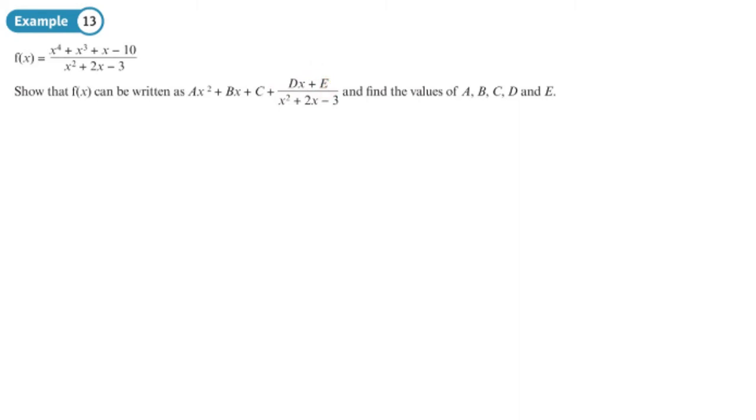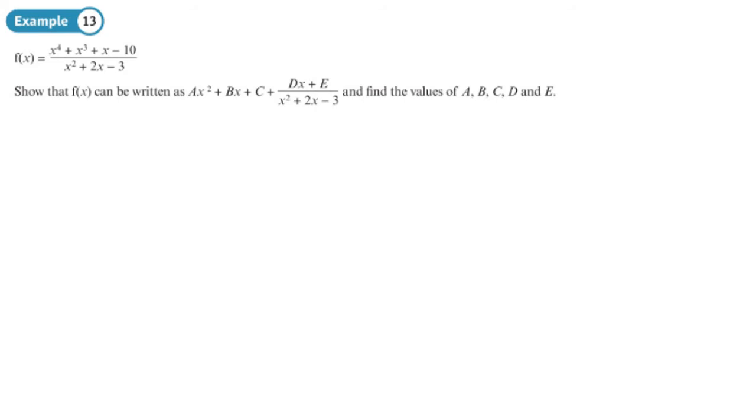Okay, if I was going to do it the other way by comparing coefficients, I would set f of x equal to this, then multiply both sides by the divisor, and then expand the brackets. So that's an alternative way.